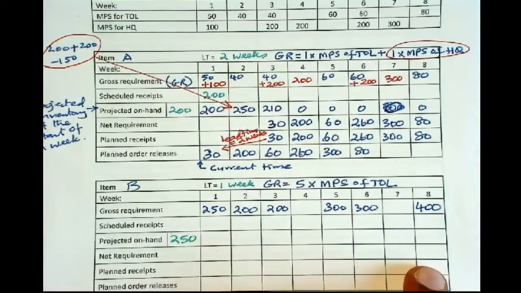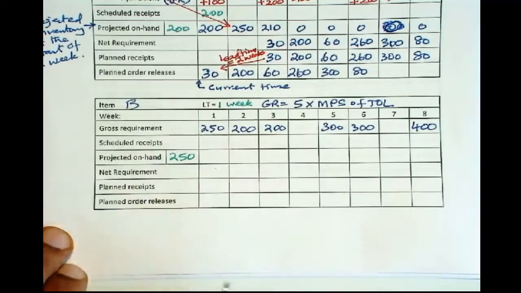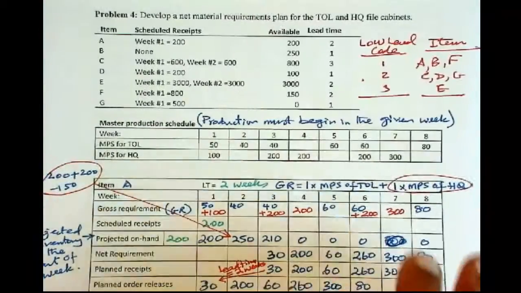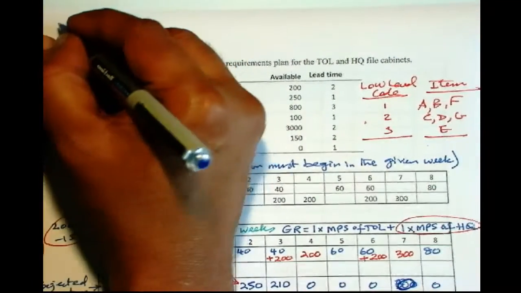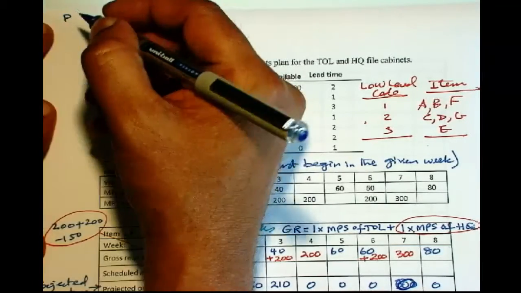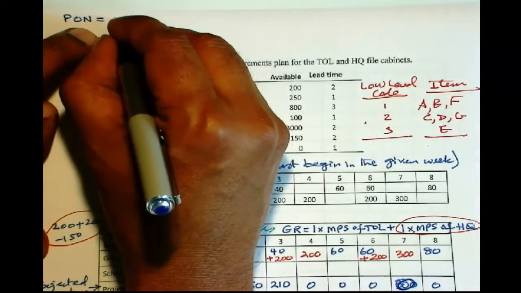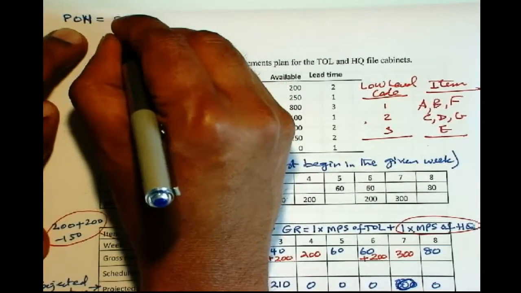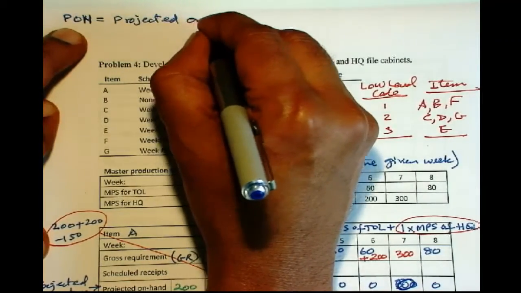After that, we can start writing the projected on hand. So let me give a formula for projected on hand. I'll write it at the top, and I will use the abbreviation POH, projected on hand.